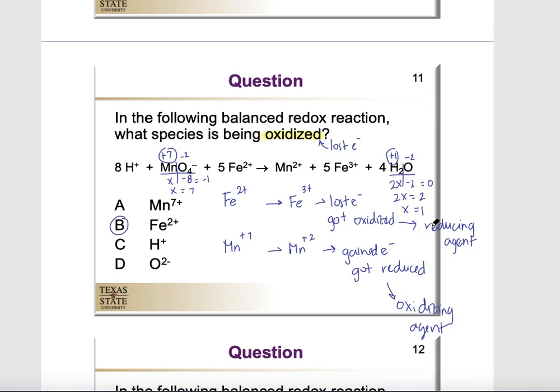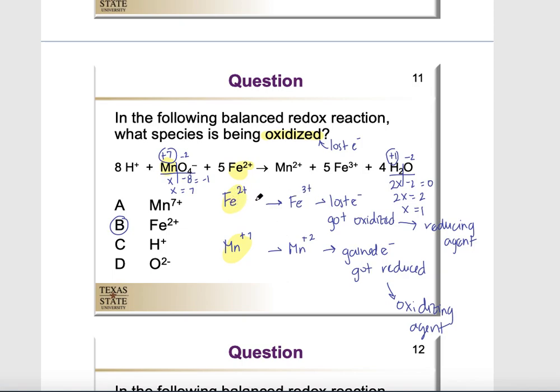Even though I wrote everything here on the right-hand side, I'm really talking about the iron 2 plus and the manganese plus 7, which are my reactants, this guy and this guy. Those are the ones that got oxidized. Those are the ones that got reduced. Those are the ones that were the reducing agent. Those are the ones that were the oxidizing agent. The only reason why I wrote this here is just to show you the change.